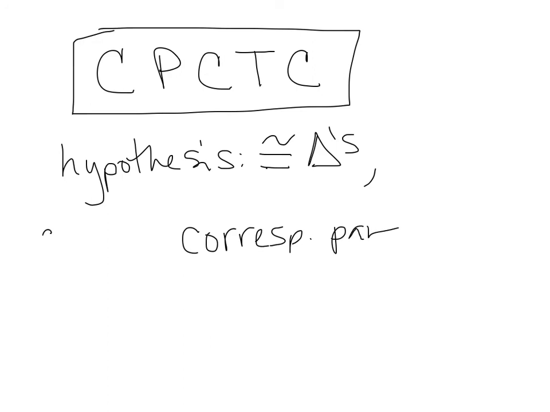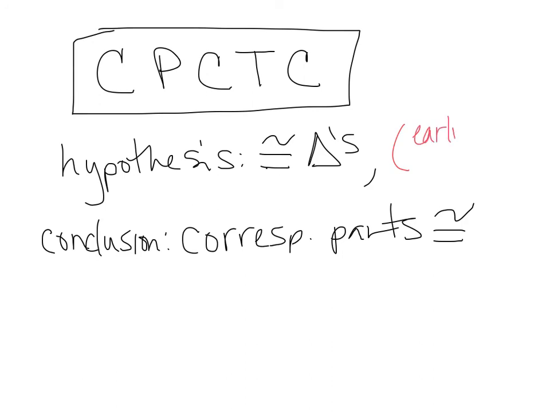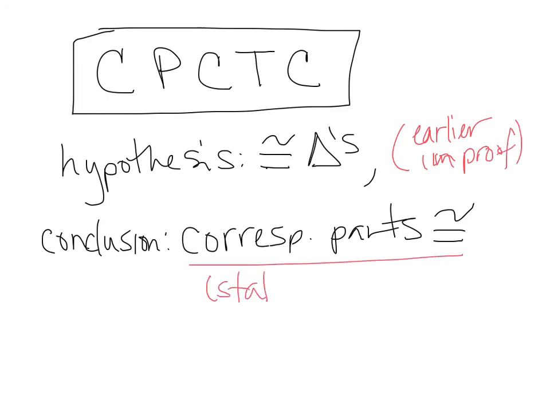So this is the conclusion part, right? Corresponding parts are congruent, right? So this has to happen earlier in the proof. Earlier in the proof, right? And then this corresponding parts part has to be the statement when CPCTC is used in a proof.